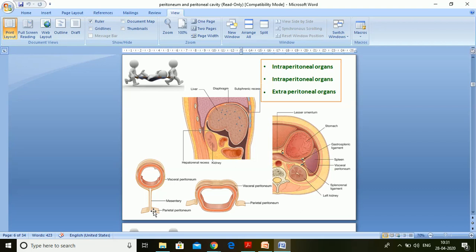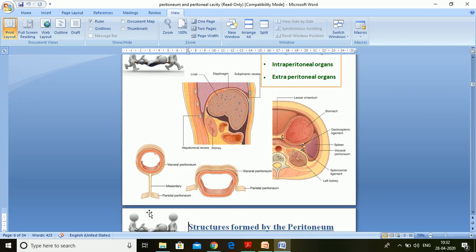It is covering the organs like a sac, and it is getting attached to the posterior abdominal wall. So the covering of the peritoneum that is seen around the organ is called a visceral peritoneum. It is connected by the parietal peritoneum, and by means of something called mesentery, it is getting attached to the posterior abdominal wall. That is how it is arranged.